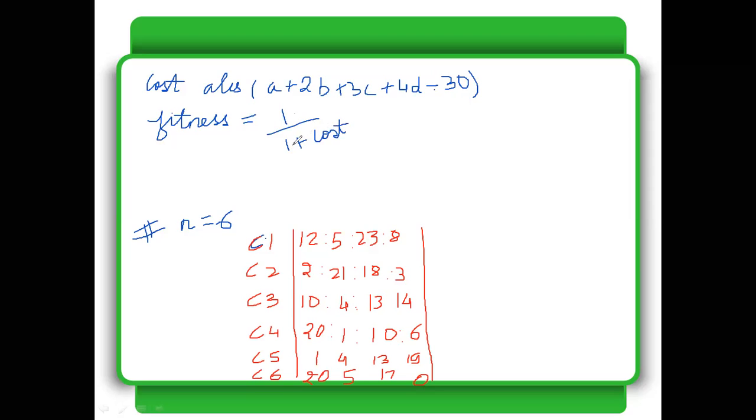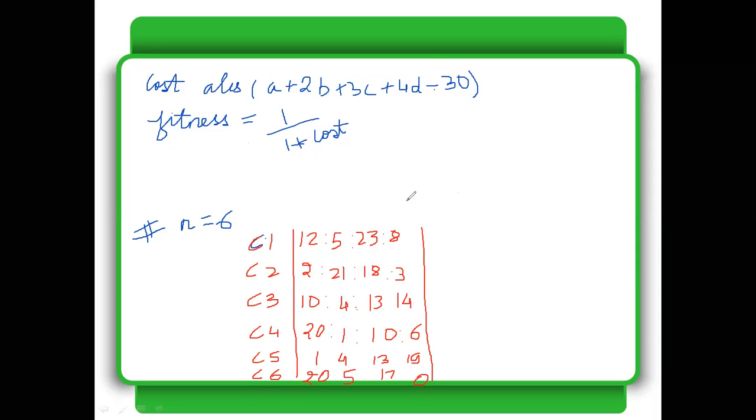I could have taken it directly, but then I would need minimum fitness. Normally we take the cost function to be a minimum or maximum, and fitness is always taken in the increasing or maximizing order. The higher the fitness, the better the solution. That is why I have taken it the other way round. You could have taken it directly. This is my 1, which I have taken deliberately so that the divide by 0 problem never occurs. We are not opting for any scaling.